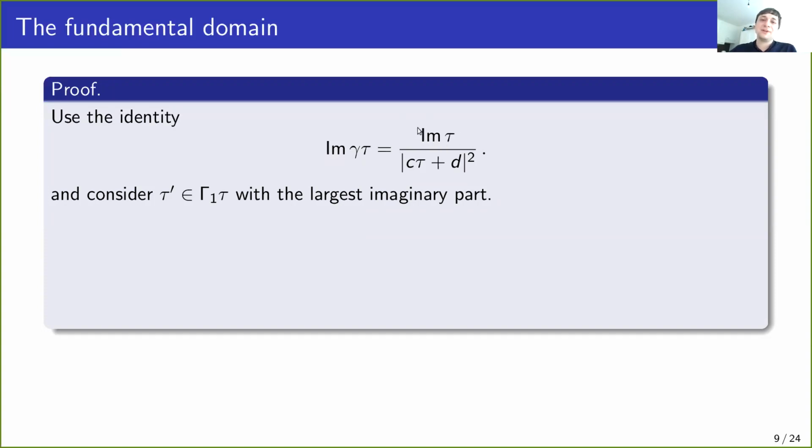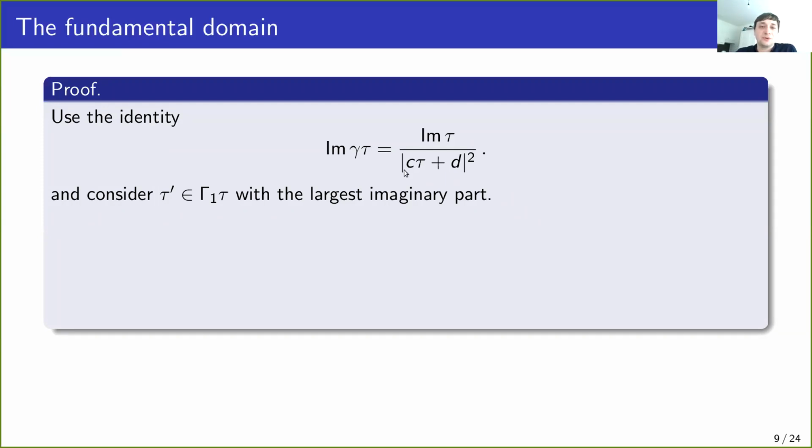It's just the imaginary part of the original point divided by the squared length of some point in some lattice, because c tau plus d is a point in the lattice generated by tau and 1. And we know that lattices don't have many short vectors. In particular, there are only finitely many vectors which have length less than 1.